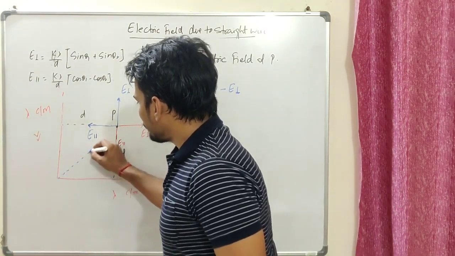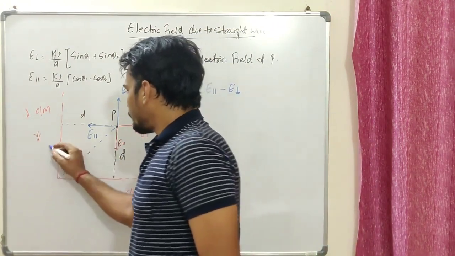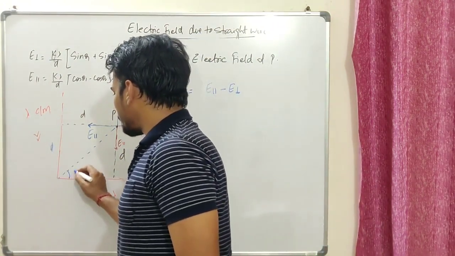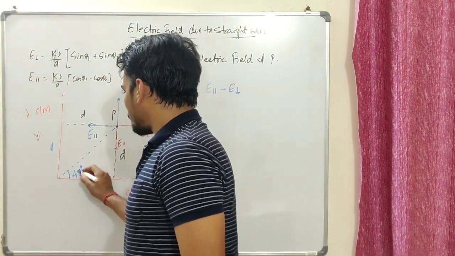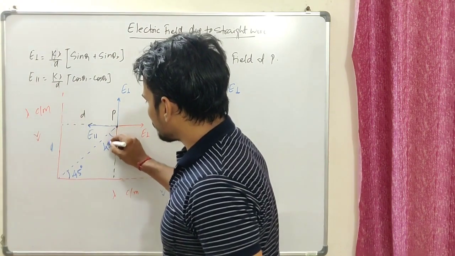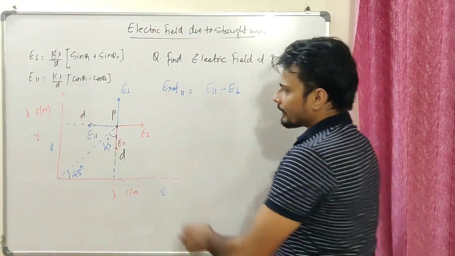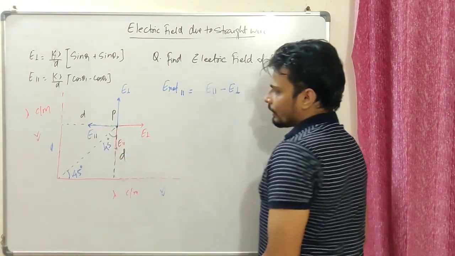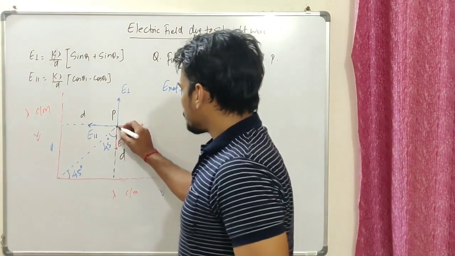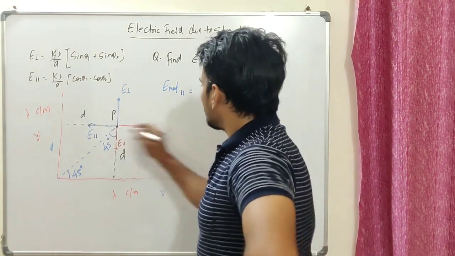The distance is D, this is also D, so this angle should be how much? 45 degrees. If it is 45, even this is going to be 45. Fair enough. Now if I want to know this part, E parallel, the blue one, because of this wire, let me join, this is going to be 90 degrees. So E parallel should be how much? K lambda.